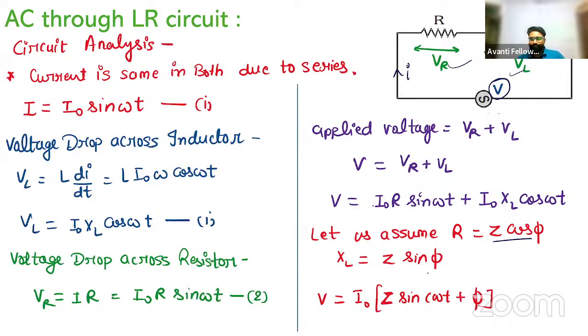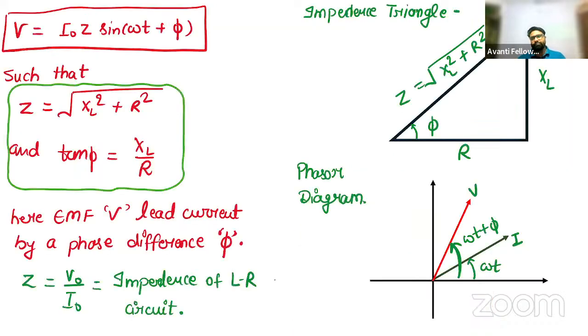And Z is common in both of them. So finally, the applied voltage comes out as I naught into Z sin omega t plus phi. Now, what is this phi? Phi here is the phase difference.